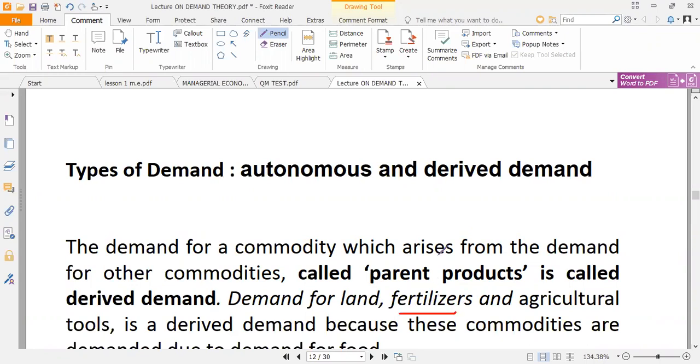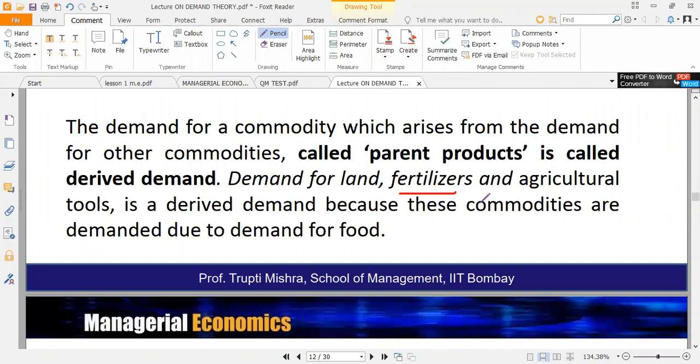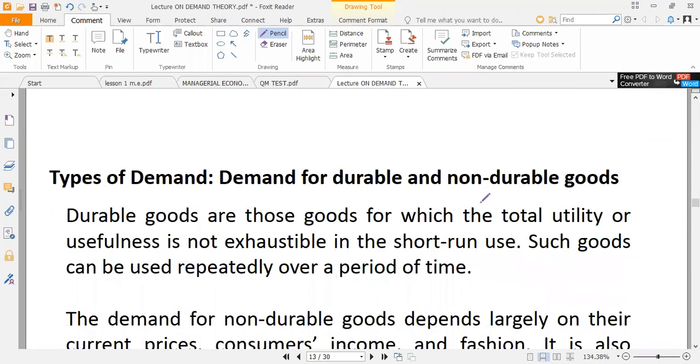You'd have purchased products like seed or agricultural tools. These ones are derived demand. If you have a car, you obviously have a demand for fuel as a result of having a car. So this is what is called derived demand, and this is because of the other commodities that we have.